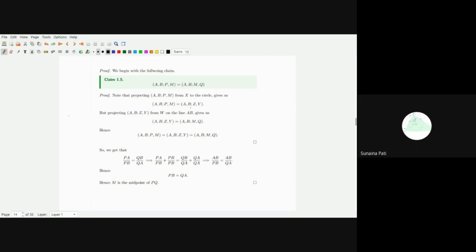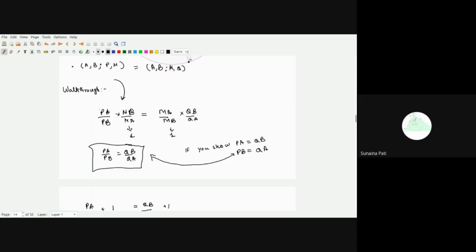Pranav projected from Z and then Y, but it eventually gave us this thing, which was the most helpful. So we get the cross ratio ABPM equal to the cross ratio ABMQ, and then we use the cross ratio formula to get PA by PB equal to QB by QA. Then, as Manoj said, we add 1 to both sides and we get this, which implies PB is equal to QA, which implies M is the midpoint of PQ. Yeah, this was the proof of the butterfly theorem.